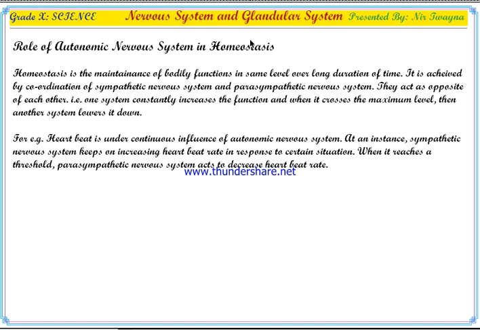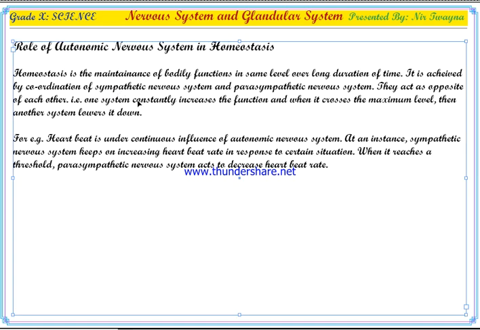But certain conditions arise, such as emergency conditions, in which you need a lot of energy. And to produce a lot of energy, your heartbeat must be increased. Who does that? The sympathetic nervous system does that.